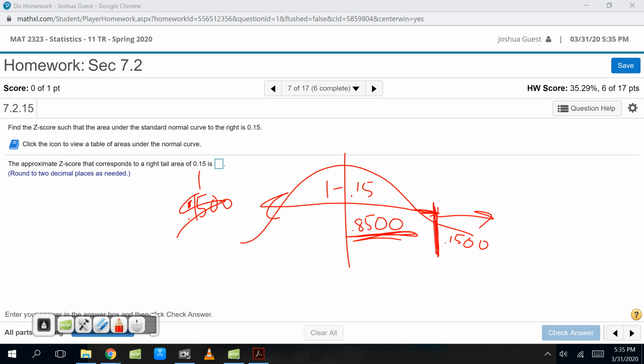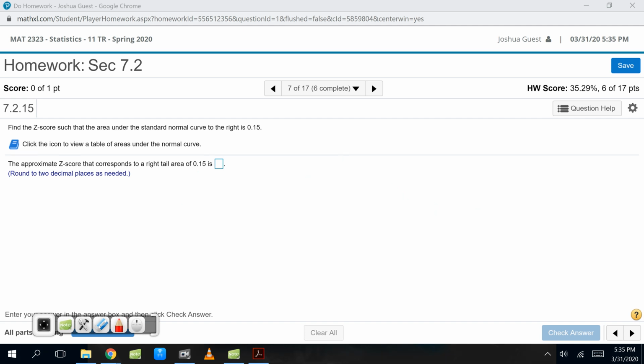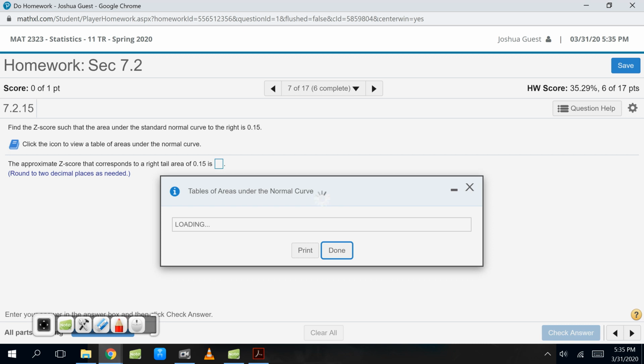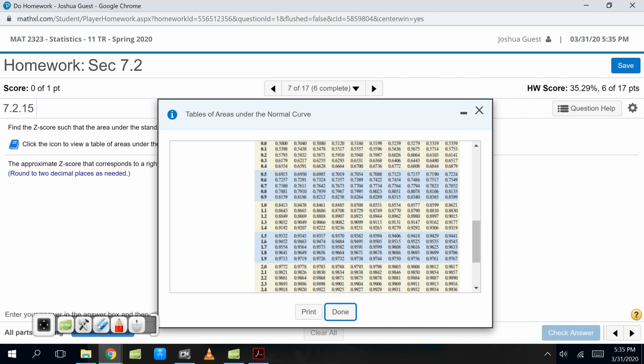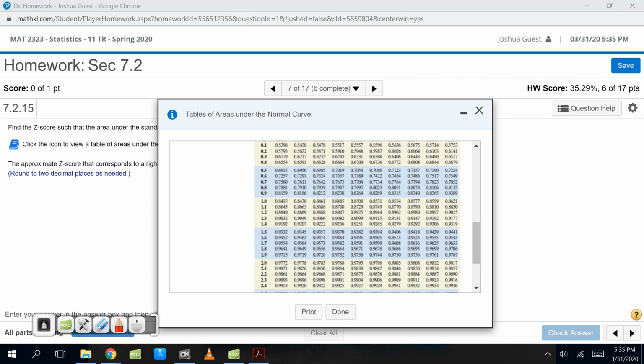So let's go look up 0.8500 or 8500 in our table. Keep looking high. Here we're close. All right, 8500 is right here. This one, 8485, is 15 away, and this is 8 away if I talk about the last two digits.